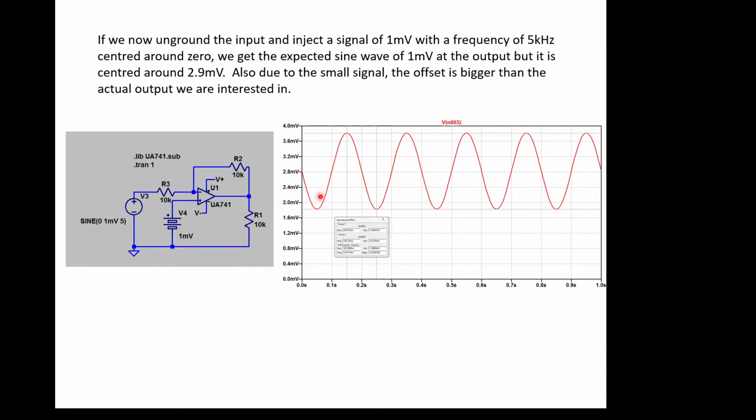And true enough, we've got our plus or minus 1 millivolt output variation, but it's superimposed onto a 2.8 millivolt offset. So the offset in this case is bigger than the signal we're interested in, which might be a problem.